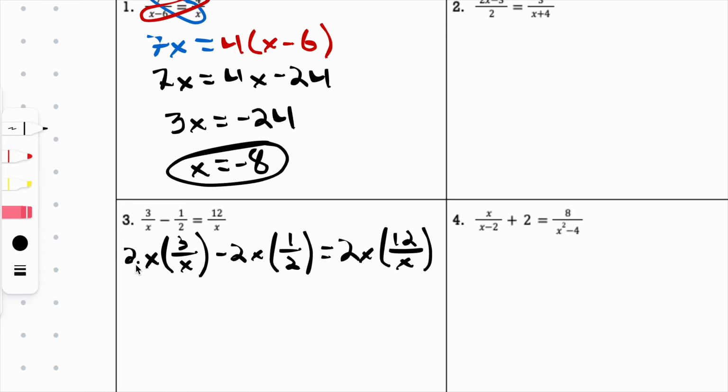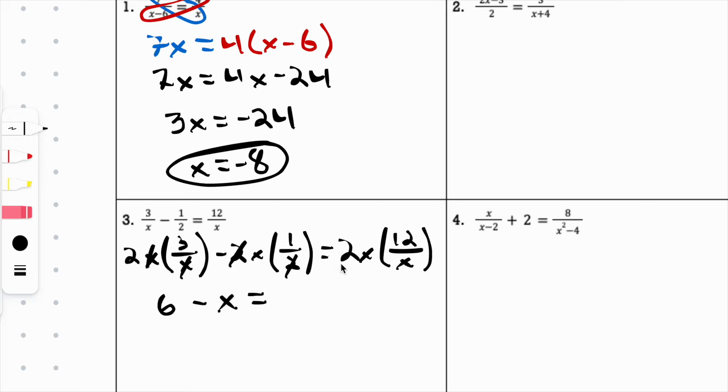So here, when we multiply 2x and 3 over x, these x's cancel out. So we're left with 2 times 3, and that's 6. And then here, we're multiplying 2x and 1/2. These 2's cancel out, so we're left with x times 1, so that's minus x.